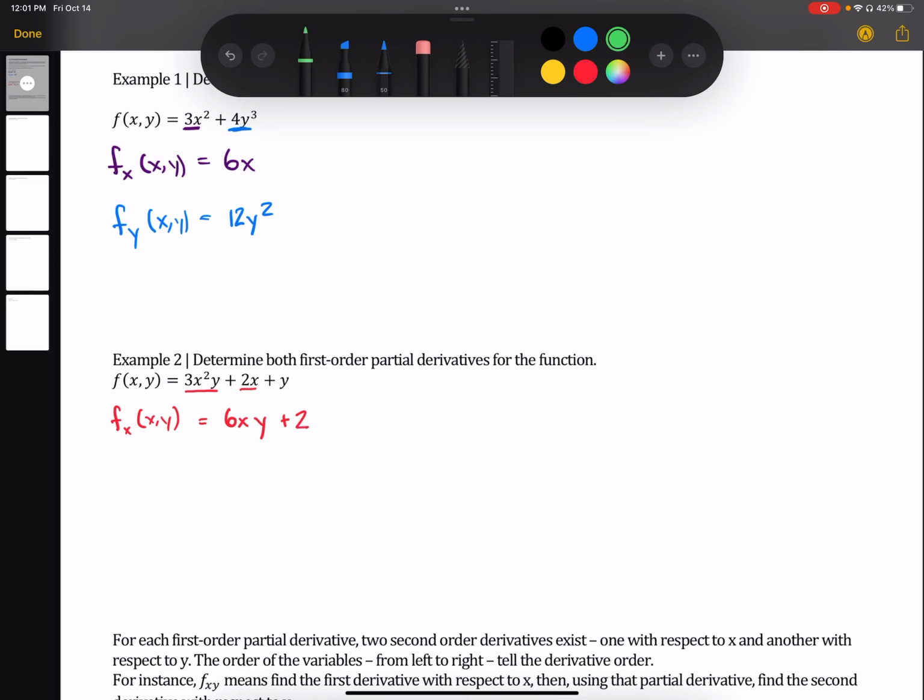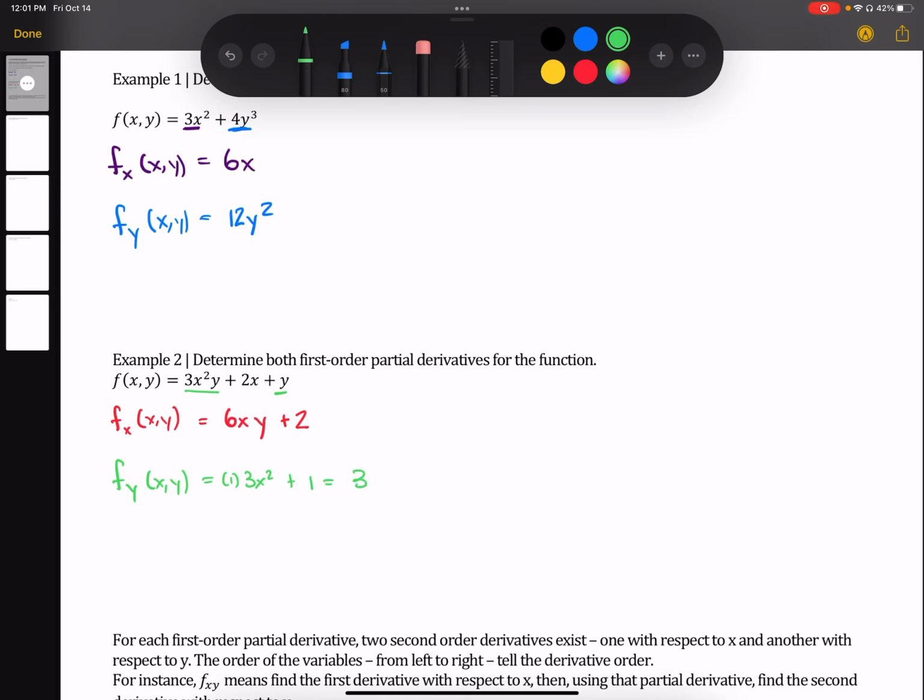For our fy, we can erase the terms we underlined for fx. For fy, we have a 3x squared y term and a y term. So now our partial derivative with respect to y is going to be, the derivative of y is 1, so we're going to have 1 and we multiply it by 3x squared, plus the derivative of y is also 1.